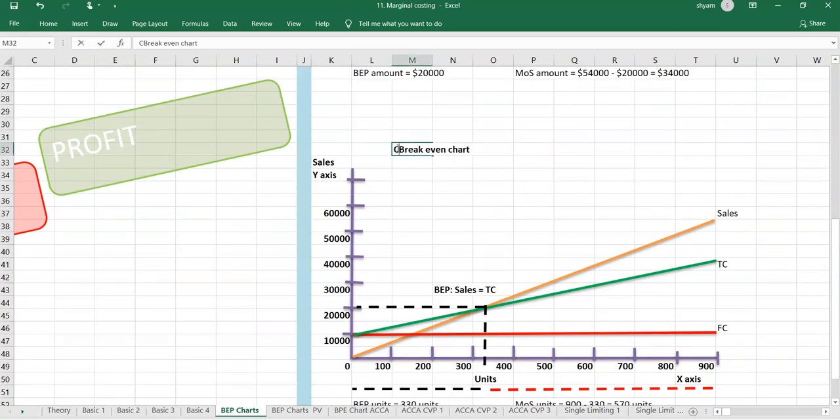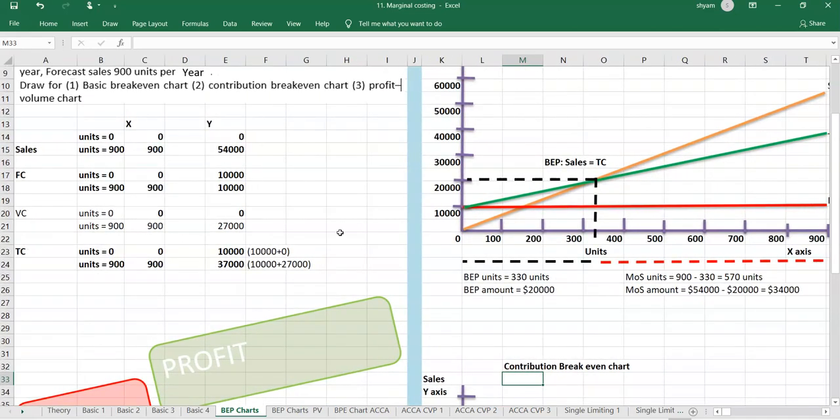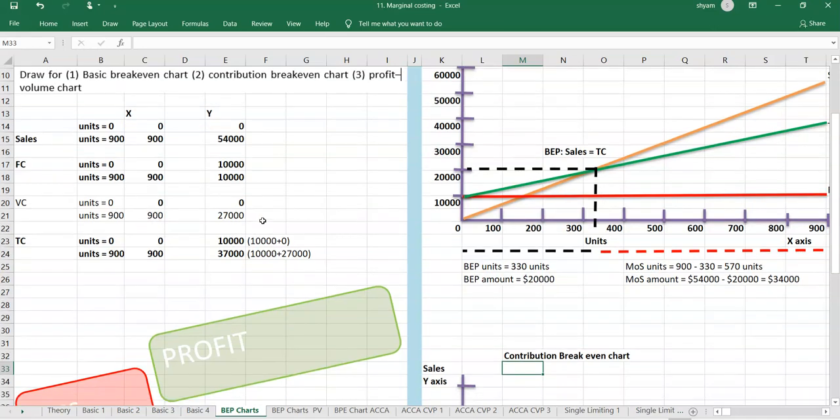So we have the contribution break-even chart. What is a contribution break-even chart is very simple. You don't have the total cost line, but you have the variable cost line. The variable cost line is at 0 units it's 0, at 900 units it is 27,000.